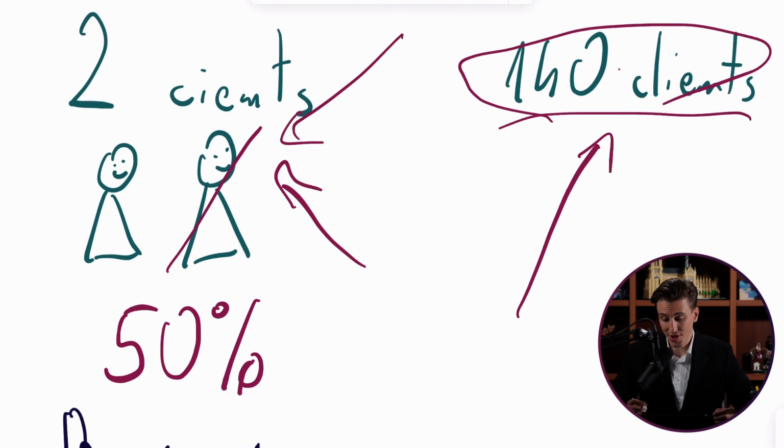Also, again, those 140 clients pose another problem, where they are a huge headache. I already mentioned that it's a huge chaos, but it's also a huge headache. I very often see people letting everyone on board, even though before they even started working with some of those clients, they knew that this cooperation was going to be extremely painful, extremely hard.